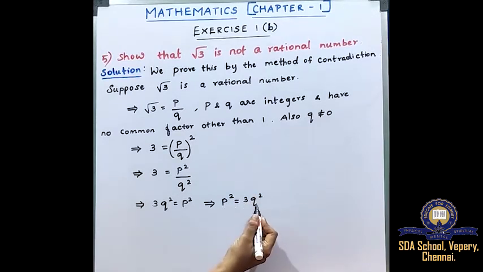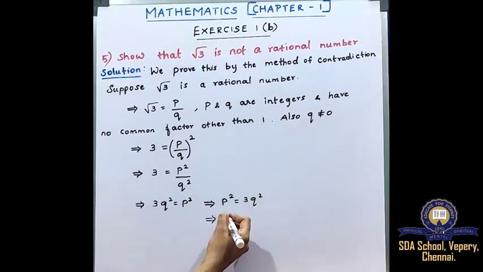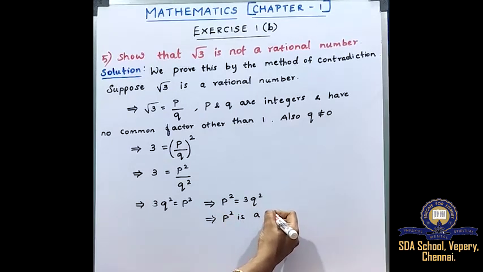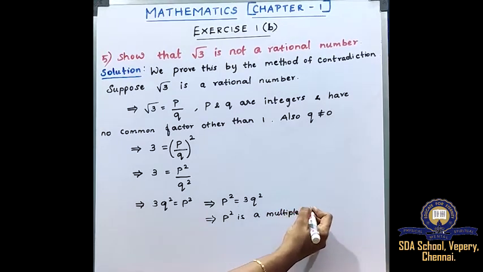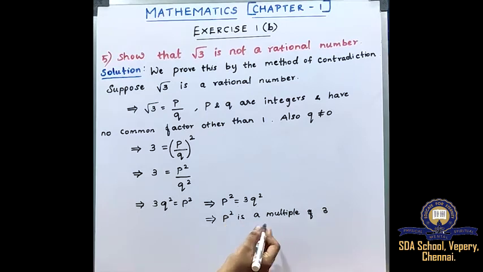So what do you observe from this? p square is a multiple of 3, right? If p square is a multiple of 3, then obviously p will also be a multiple of 3, right?